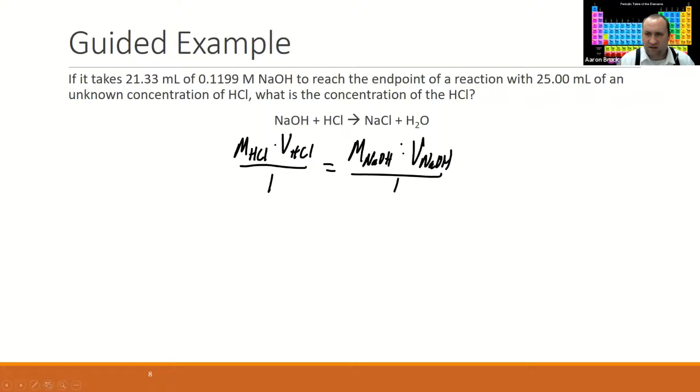So this kind of distills down to just molarity times volume equals molarity times volume. Both the denominators are 1, they cancel out, it kind of works.